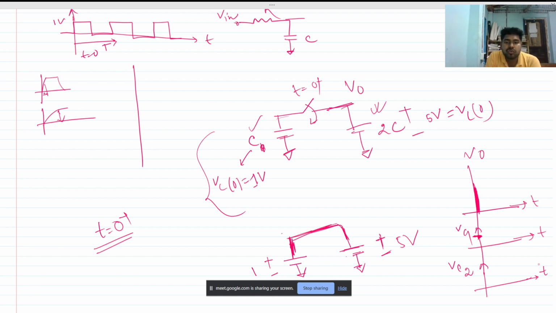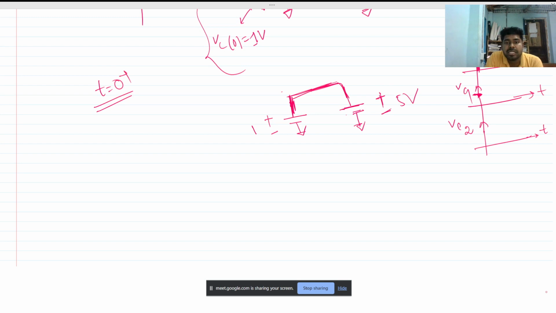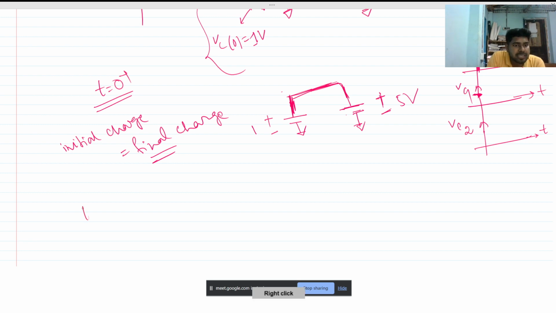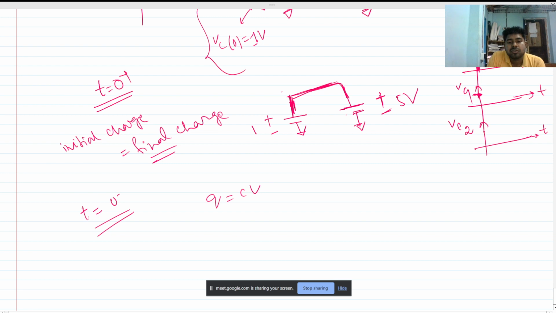To find it, we use the charge conservation law: initial charge equals final charge. What were the initial charges at t equals 0 minus? Initial charge is Q equal to CV. For this capacitor, Q1 was C times 1 volt.